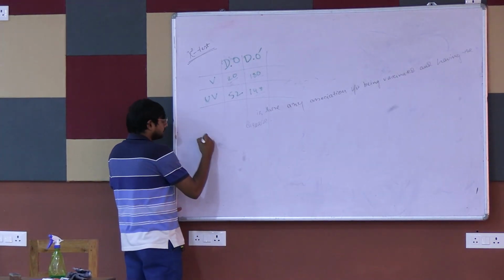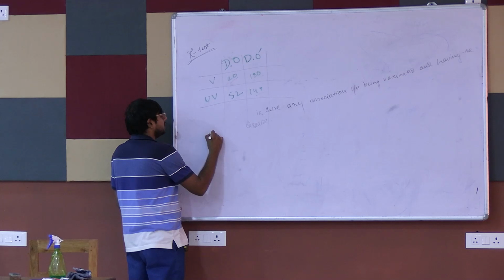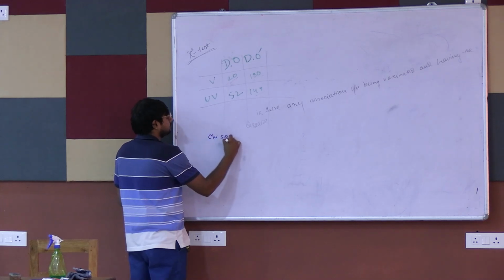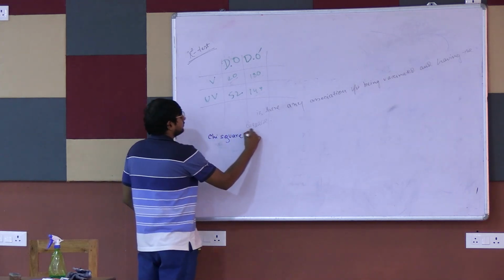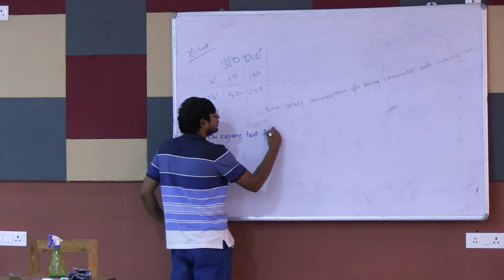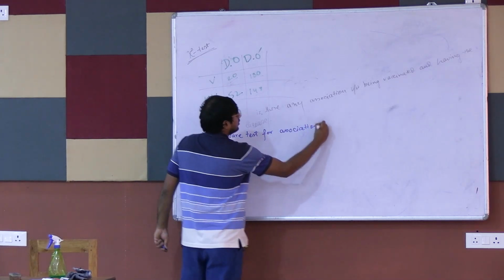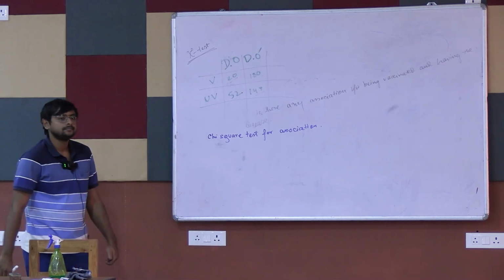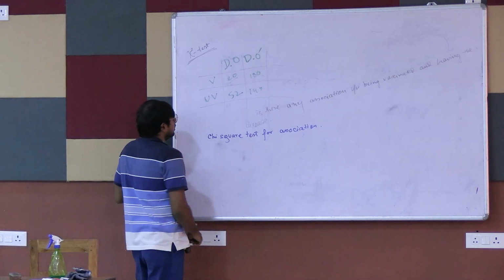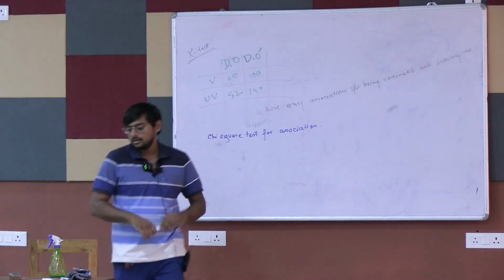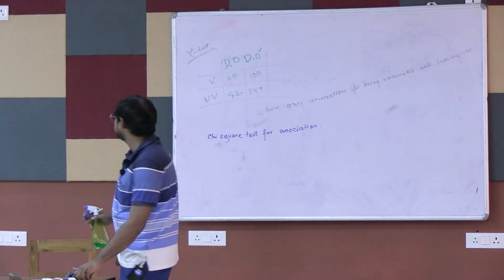So here we are going to use the chi-square test for association. Understood? Okay.